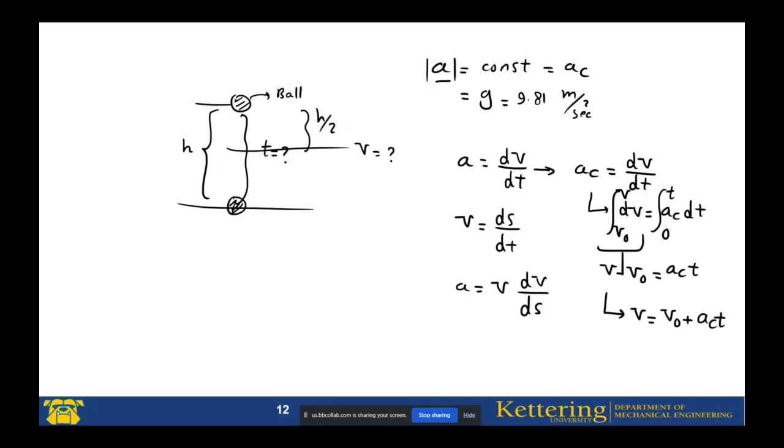Now I can find the velocity at this point. How? The velocity will be v0, which is 0, plus AC, which is 9.81. It takes 1 second. Means that the velocity at this point is 9.81 meter per second, for example, or at any time.